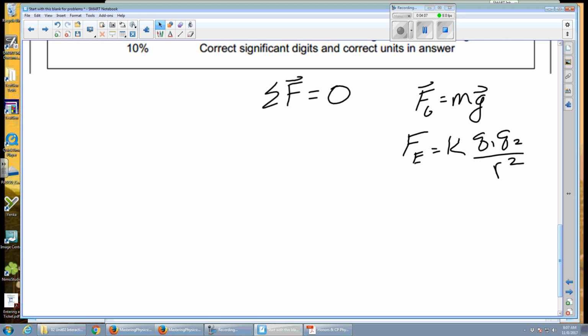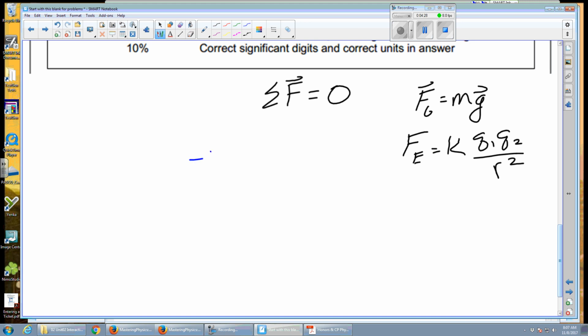And there's some factors I need, but so my forces are, which way do we want to call positive, up or down? Up. Up? It says up. Oh, it does say up? Okay. Oh, I didn't read it. Thank you, sir. So we're calling up positive.